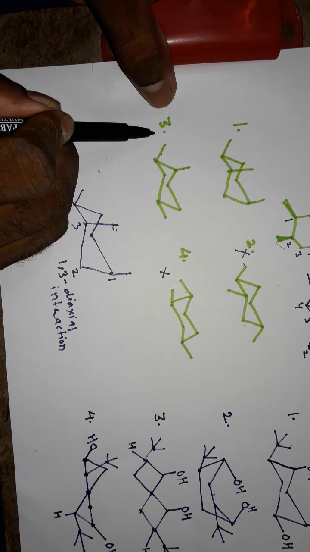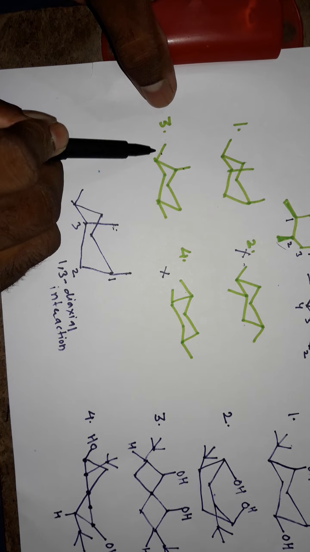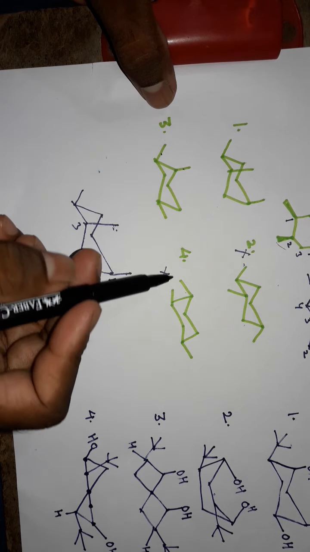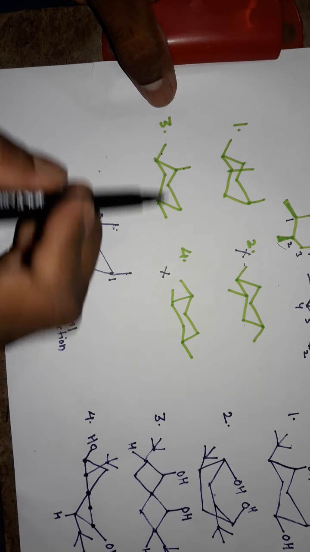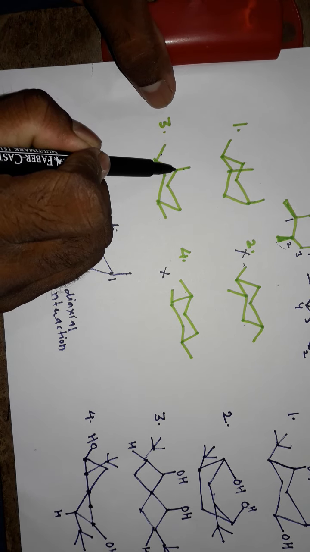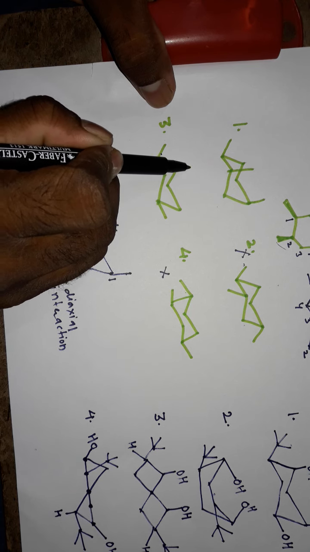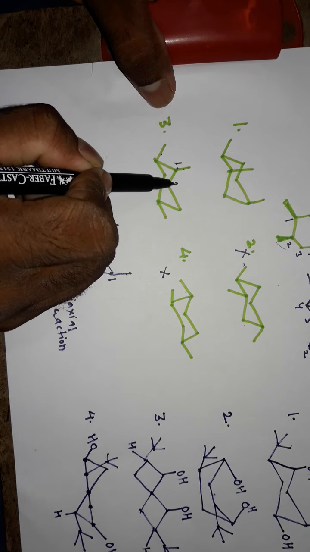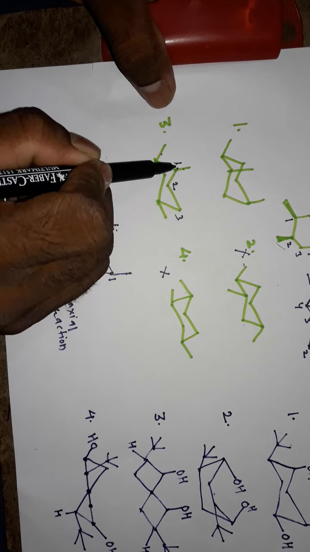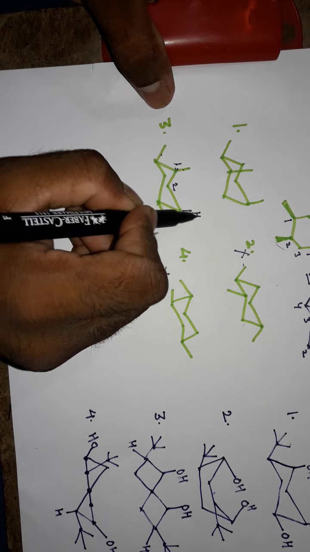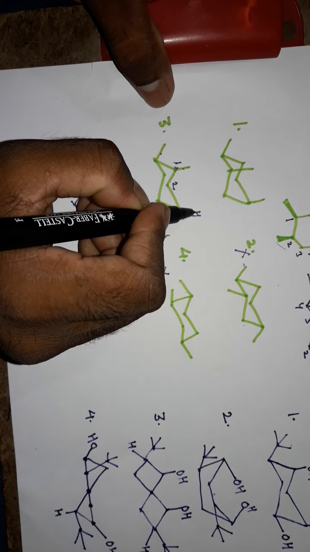Now in the third case, 2 bonds are at the equatorial position, so there is no chance of 1,3 diaxial interaction, but this carbon has a methyl group at axial position, and this is first, second and third. At first and third position there is an interaction, this is methyl and this is hydrogen.